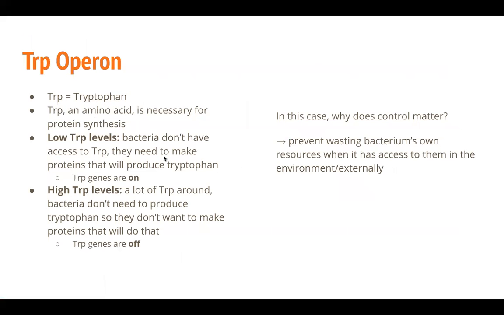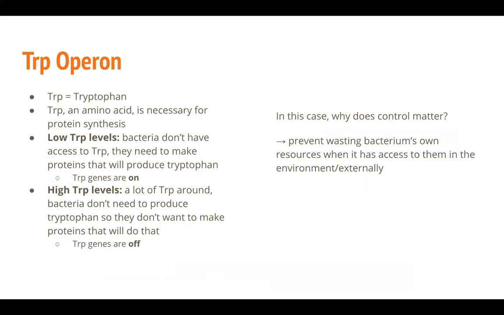Okay. So the trp operon, just a little key, trp means tryptophan. Tryptophan is an amino acid, it's necessary for protein synthesis. Like I said, in the presence of tryptophan, it will turn the operon off. But there are different scenarios, and this is where it gets a little bit confusing.